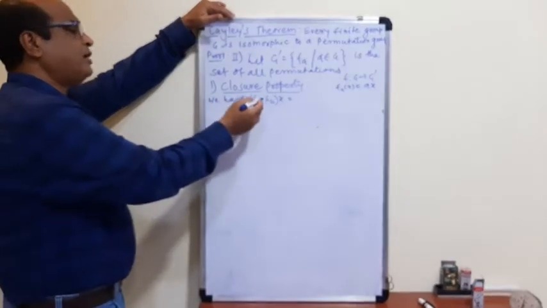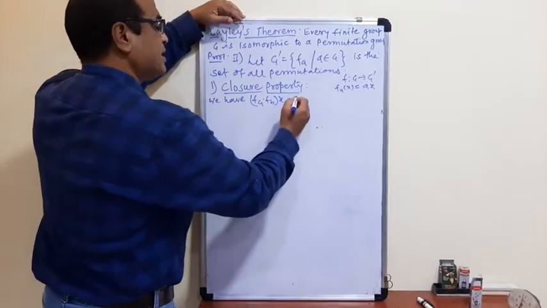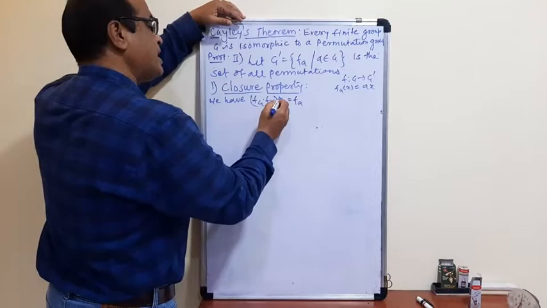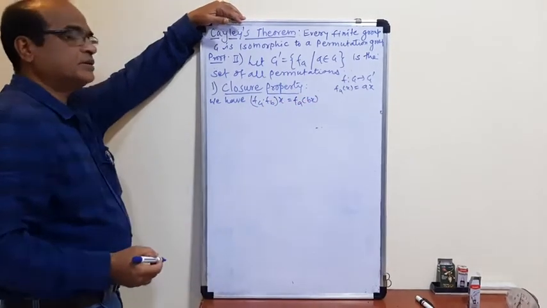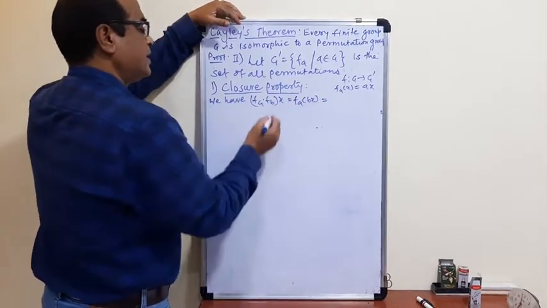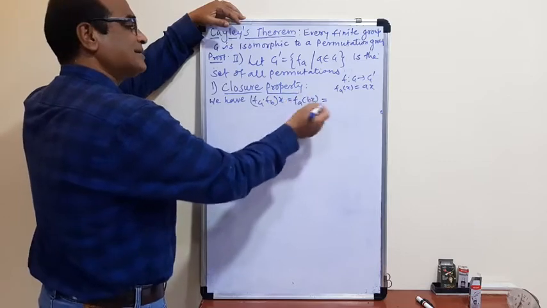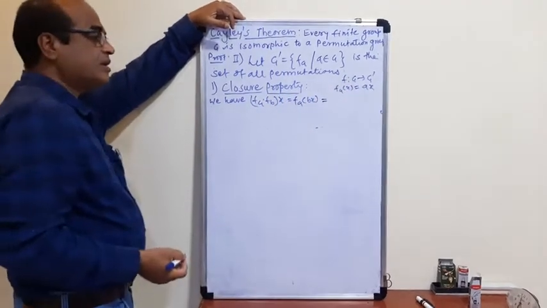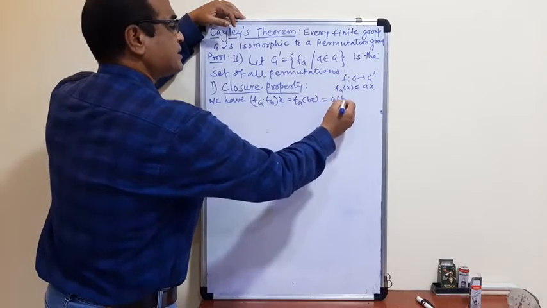So what is f_a · f_b(x)? f_b(x) is bx by using this definition. So this is equal to f_a(bx). So this can be written as a(bx).